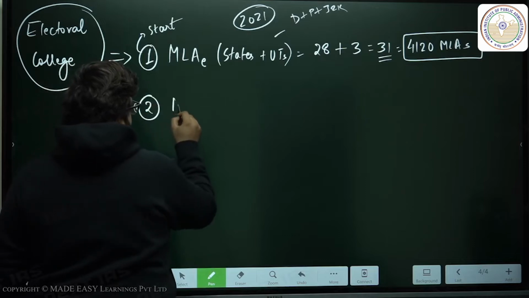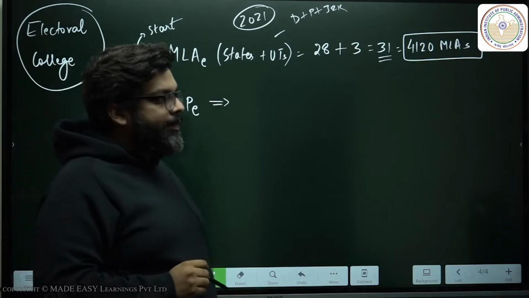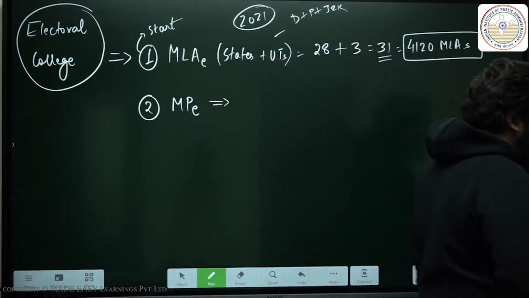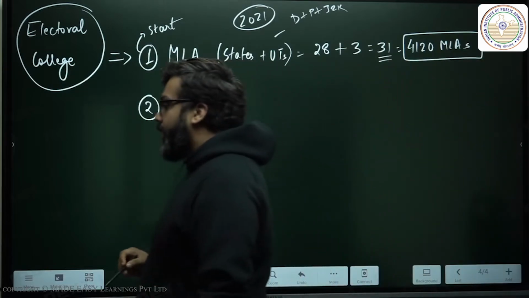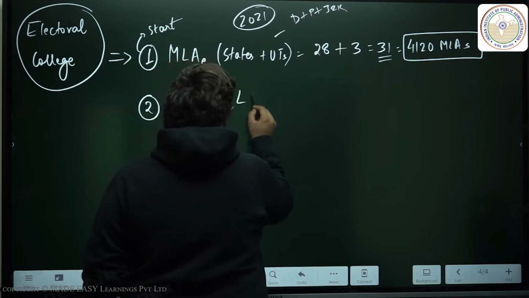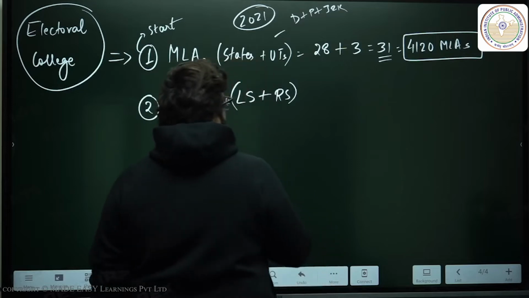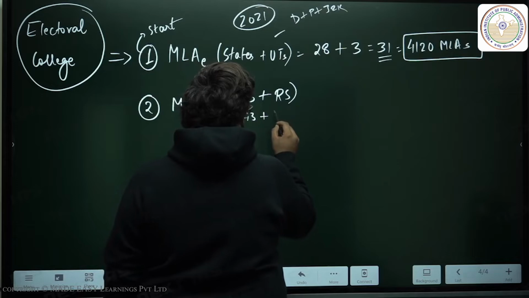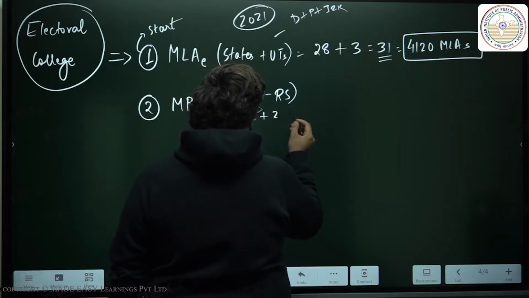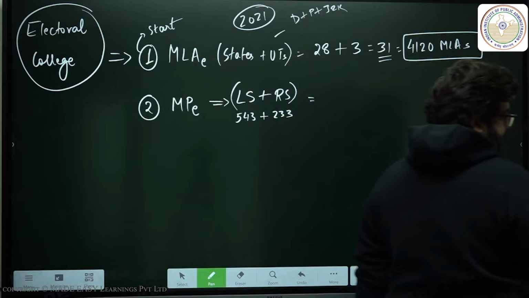Then our elected MPs are also going to participate. Elected MPs of the Lok Sabha and elected MPs of the Rajya Sabha. You have 543 elected Lok Sabha MPs and you have 233 Rajya Sabha elected MPs, right?